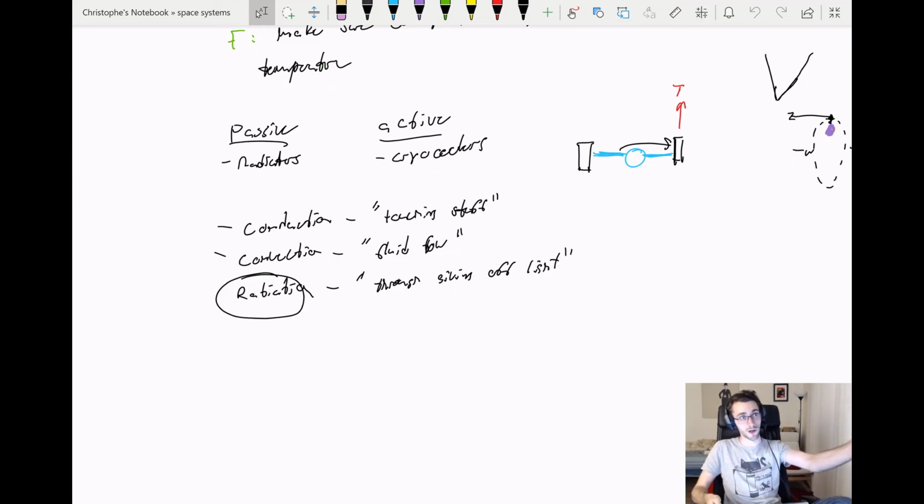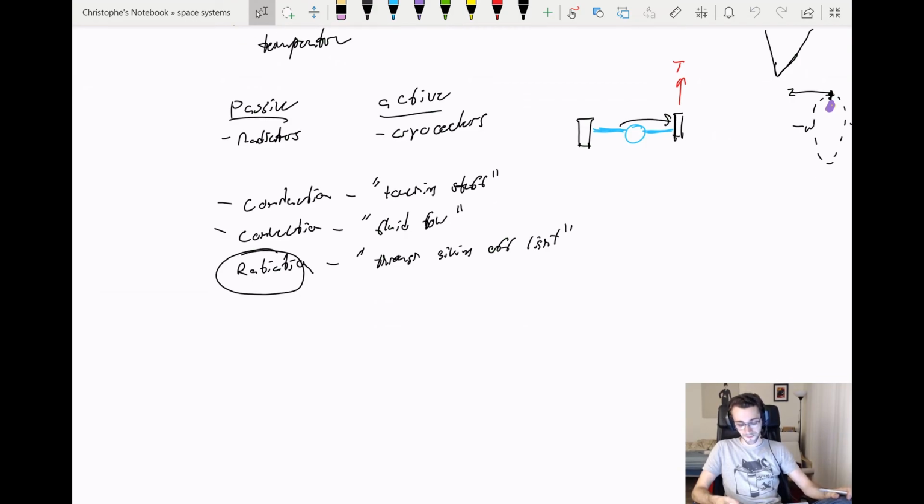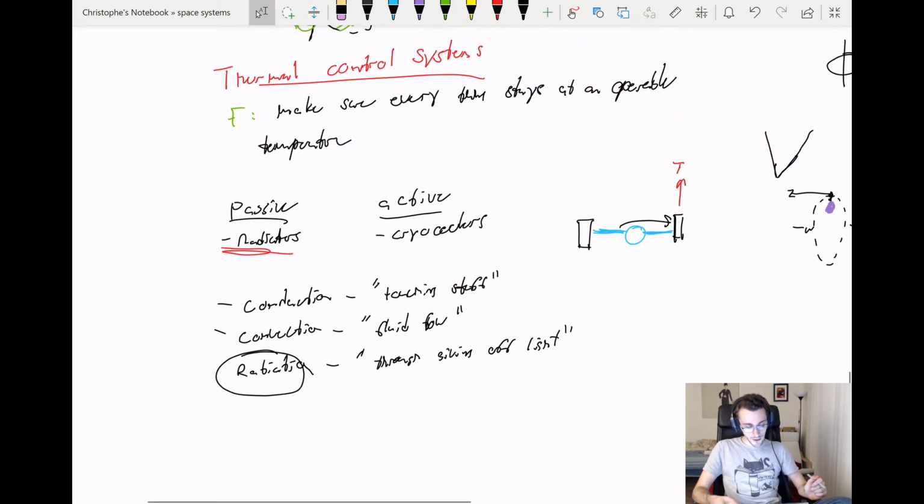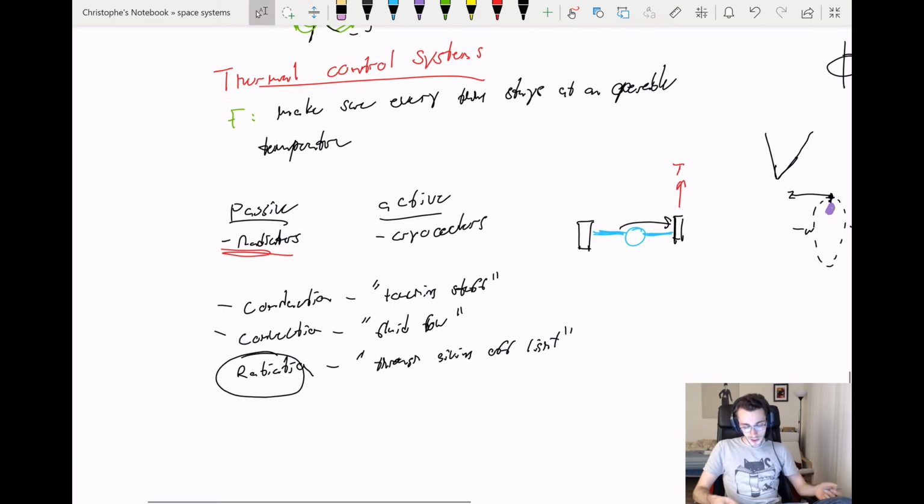I want to look at what I want to look at. Those are typically systems that need to be actively controlled. Most onboard systems don't need that sort of active control, and can do just with the radiators. So that's kind of what they do.